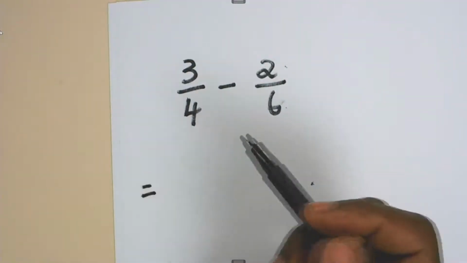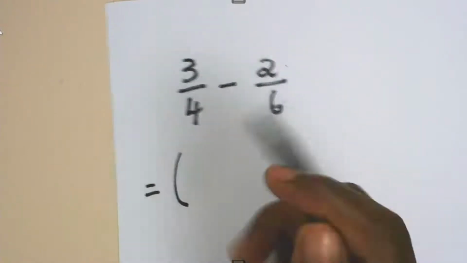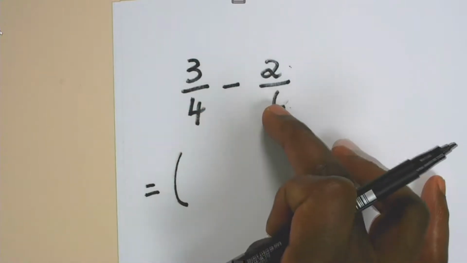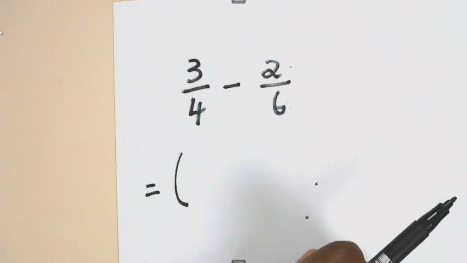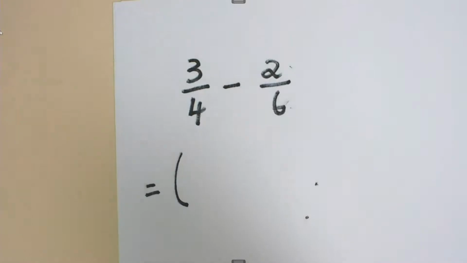Now this becomes, open the bracket again, first thing. Why? Because the denominators are not the same. We cannot subtract numerators. So our first mission is always to make sure that our denominators are the same first, so that we can subtract the numerators.